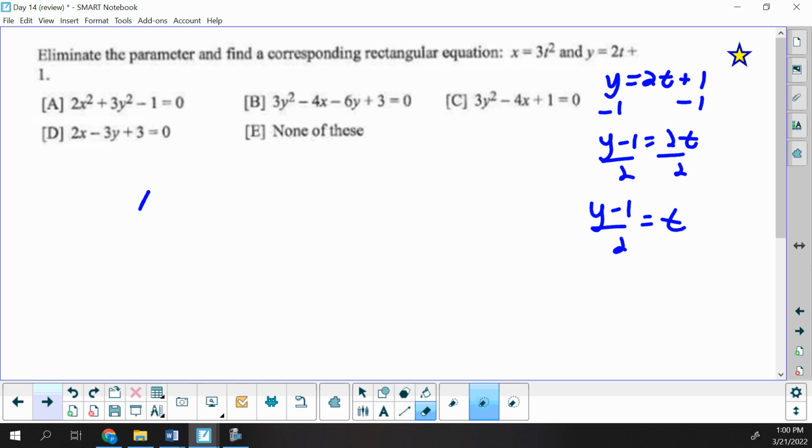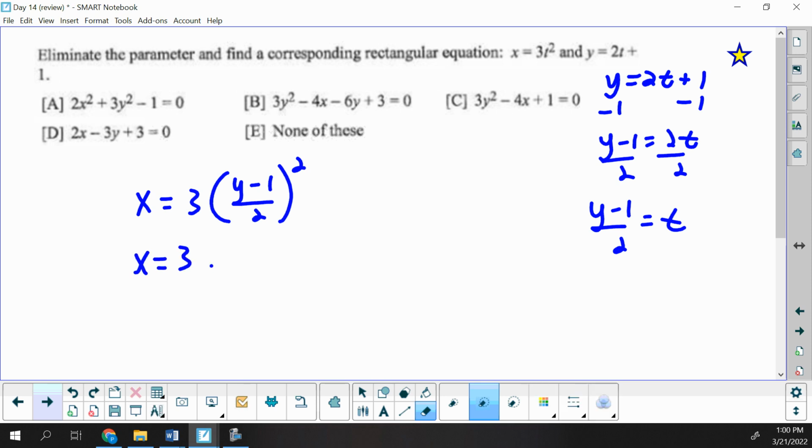So let's fill that in our x component. So this is really x equals 3 times y squared minus 2y plus 1, all over 4. Let's do two things: multiply the 4 over and distribute the 3 through.